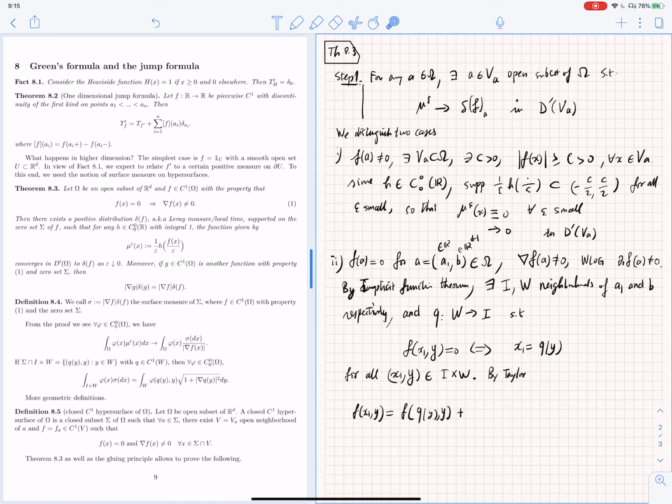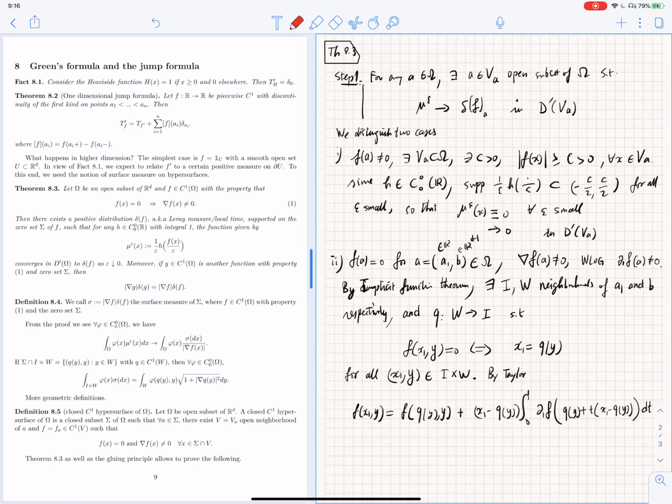So in the Taylor expansion we have the first linear term, x1 minus q of y, times the integral from 0 to 1 of the partial derivative ∂1 f of (q of y plus t times (x1 minus q of y), y) dt.